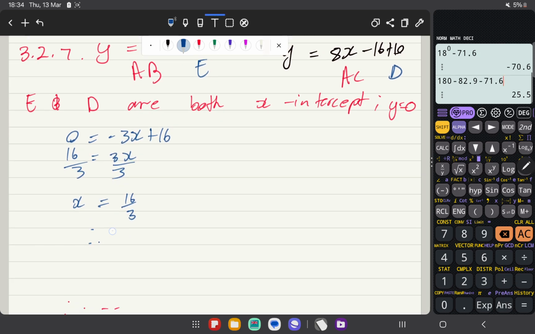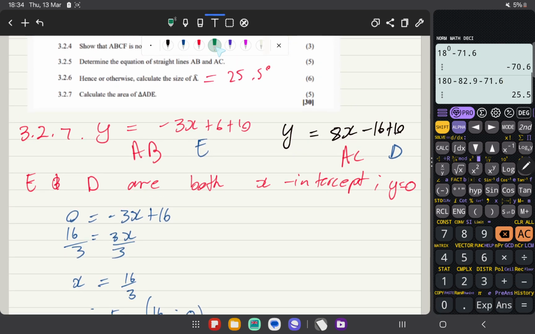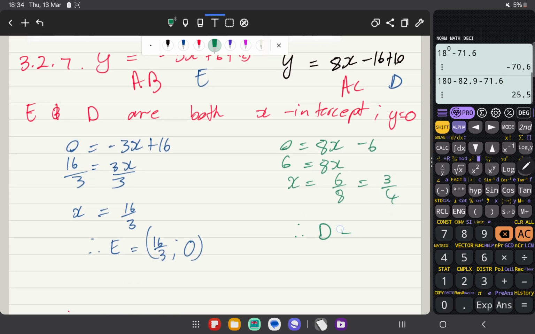Therefore E is 16 over 3 and 0. For point D, we have 0 equals 8x minus 6, so 8x equals 6, and dividing both sides by 8, x is 3 over 4. Therefore D is 3 over 4 and 0.